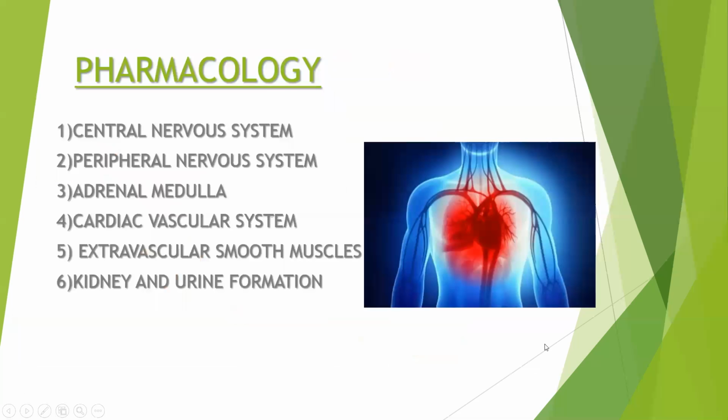Then, pharmacology of angiotensin, meaning the effect of angiotensin on our body. First, we will see the effect on the central nervous system. Some amount of angiotensin stimulates the central sympathetic transmission.